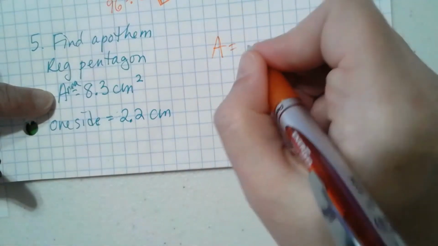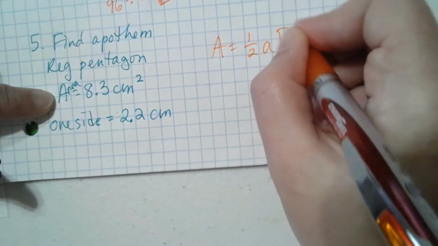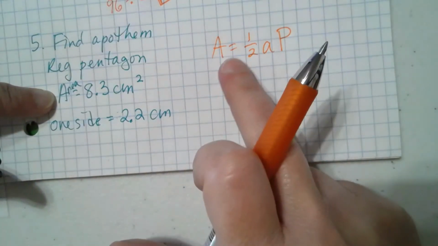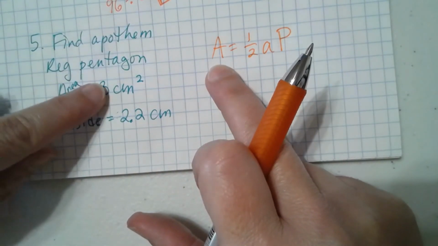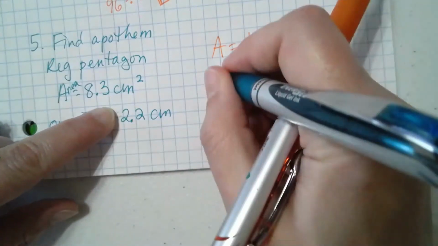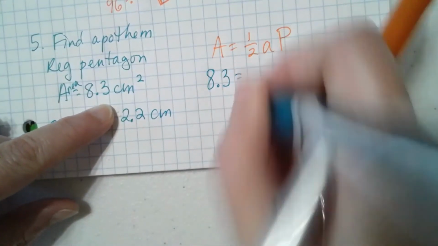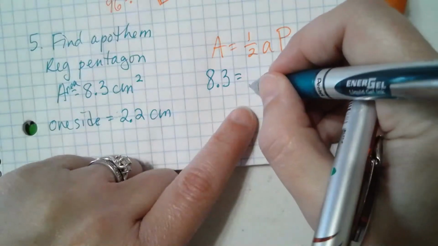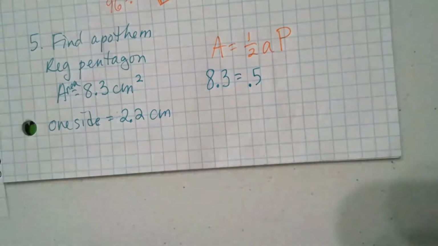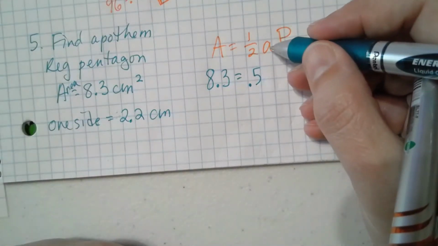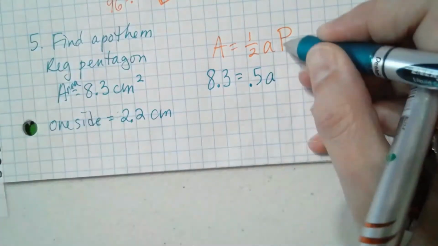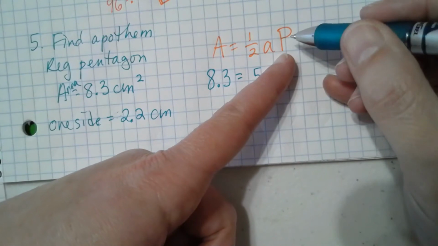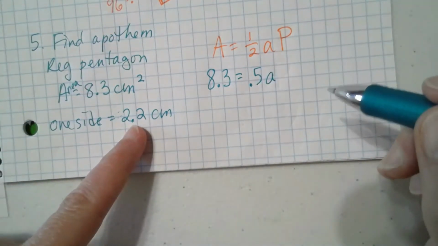Same formula. Do we know capital A? Capital A is area, so that's 8.3. 1/2 is going to become 0.5. Do we know little a, the apothem? Nope, that's what we're trying to find, so we're going to leave that there. And capital P stands for the perimeter, not one side.